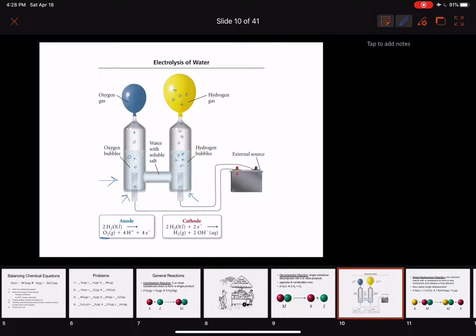Now, notice these funky equations down here at the bottom, which include electrons in them, and we haven't seen anything like that. We will get there when we talk about a reaction called a redox reaction. So don't worry about that till we get there. Just know that we can decompose water into oxygen and hydrogen gas.